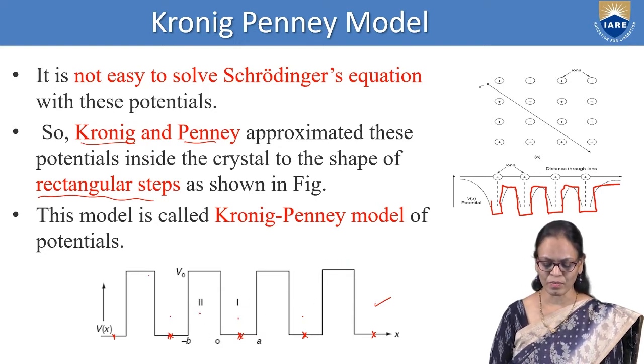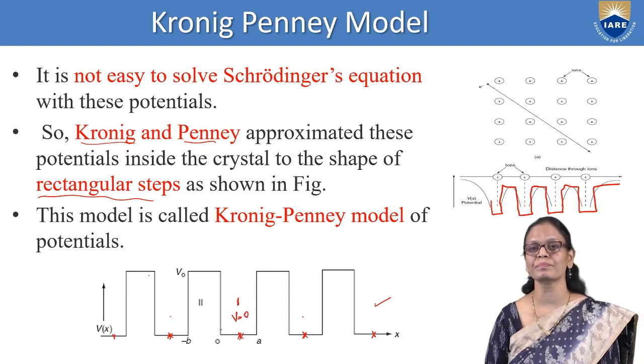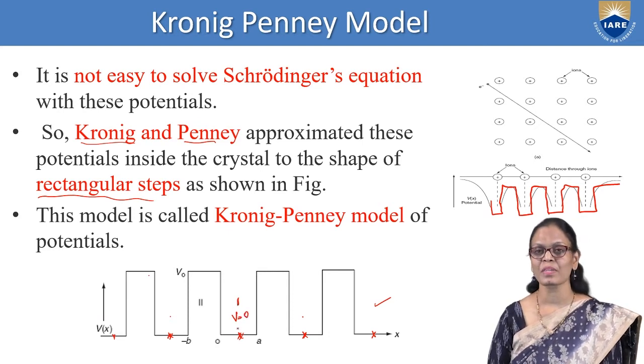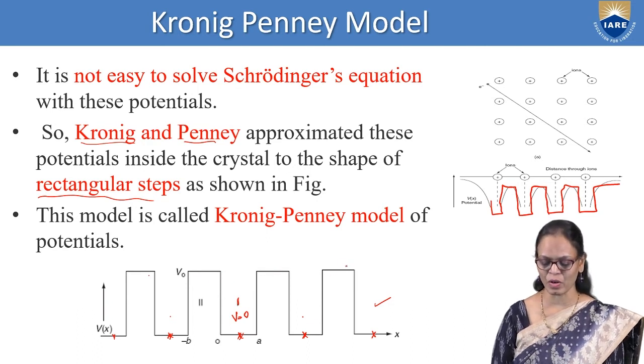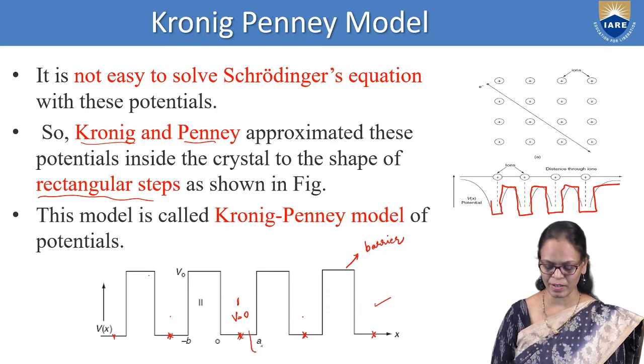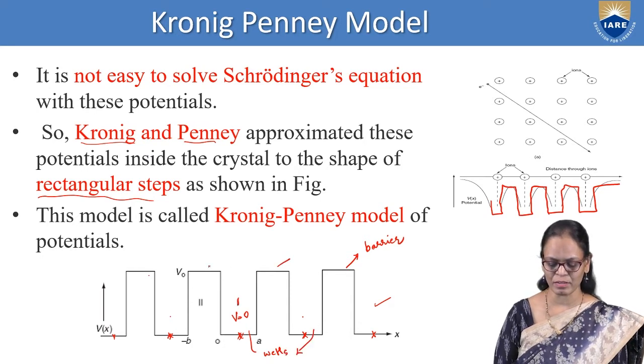Okay. So now I will put two regions here. This is region 1, which is the well, where the potential is considered to be 0 inside the well. Okay. And then they are separated by barriers. If I am calling this a well, these are potential wells, so all these are barriers.